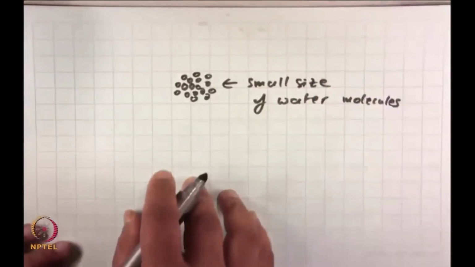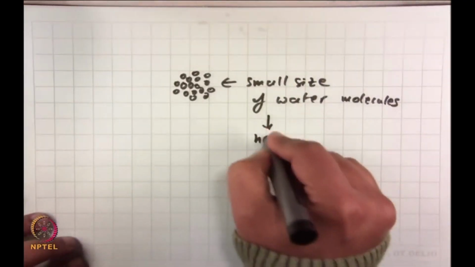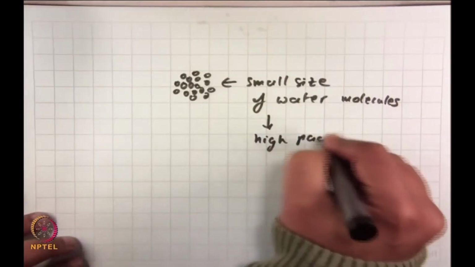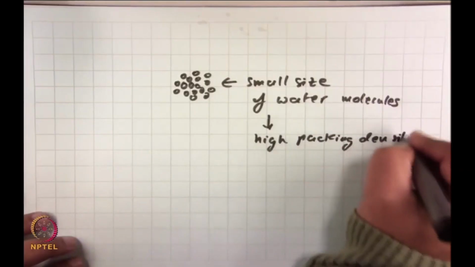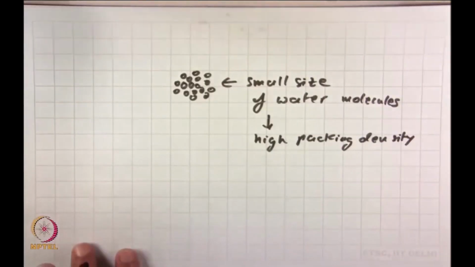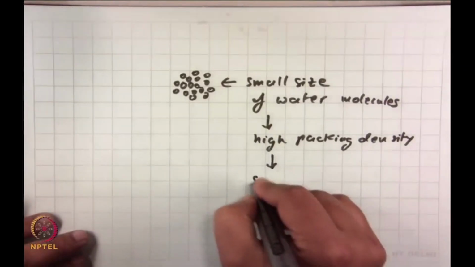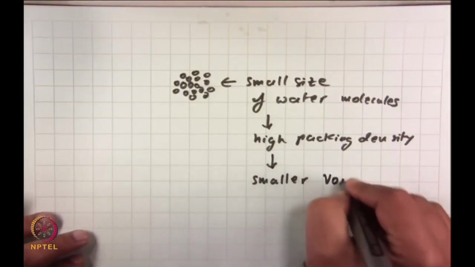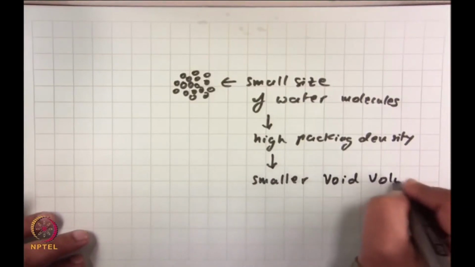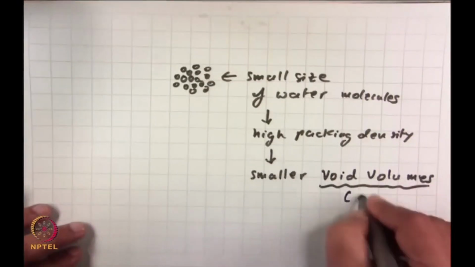If the size is very small, what would it lead to? It would lead to high packing density, isn't it? It would lead to high packing density, that is smaller void volumes, which is essentially your cavities.